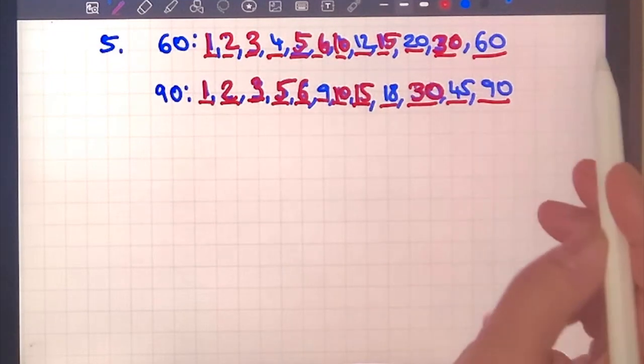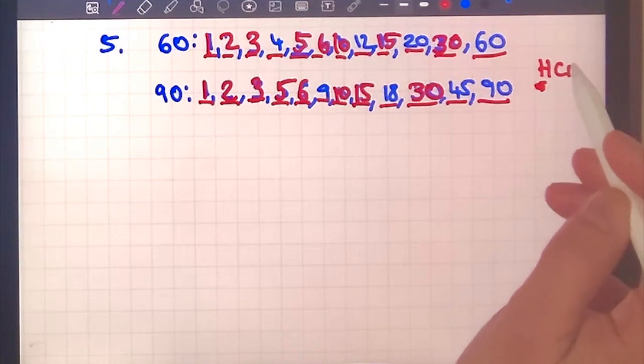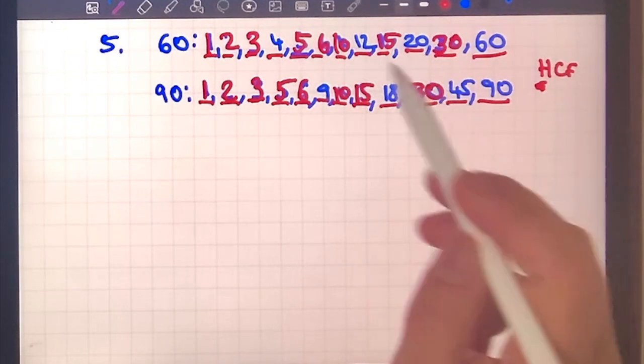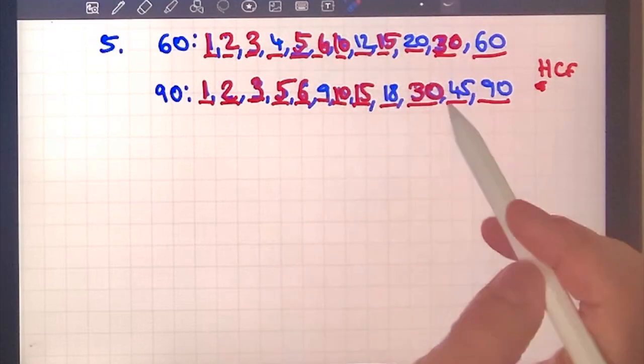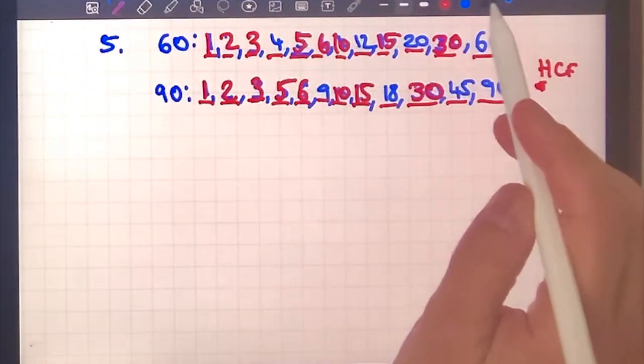So in looking for my highest common factor, that is going to be 30. So to answer my question, the HCF of 60 and 90 is 30.